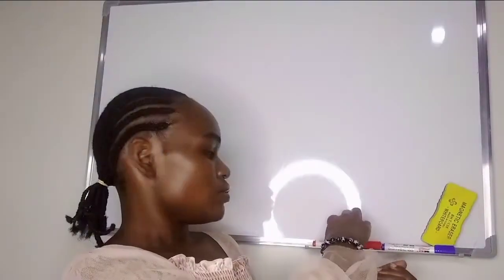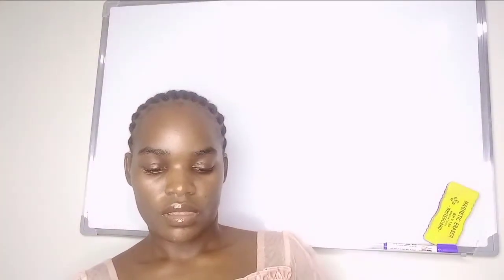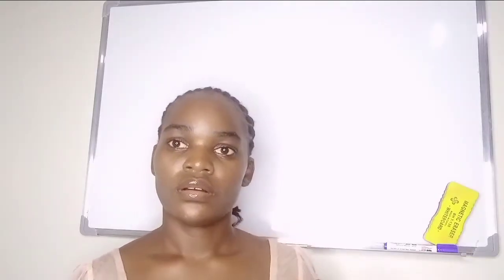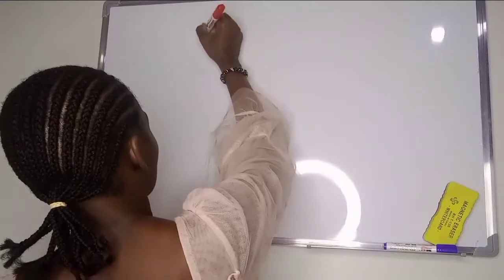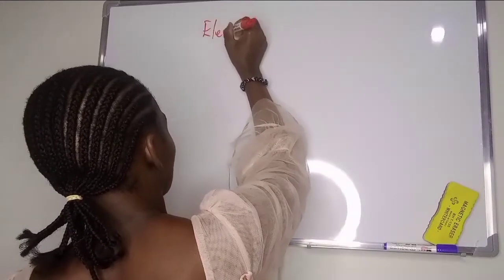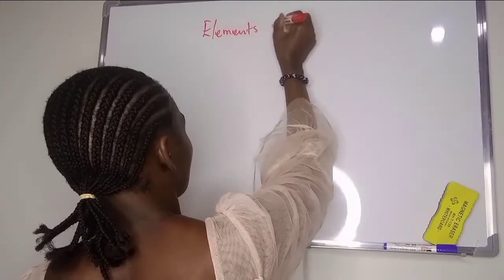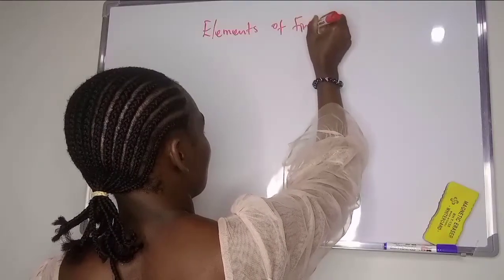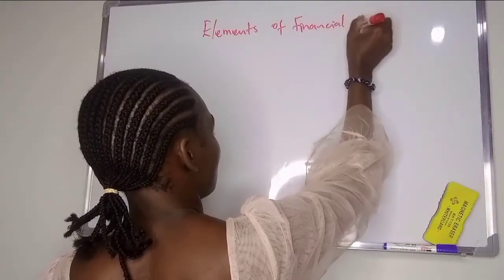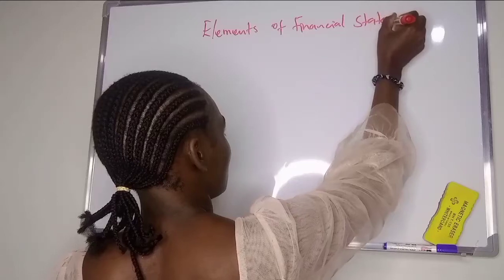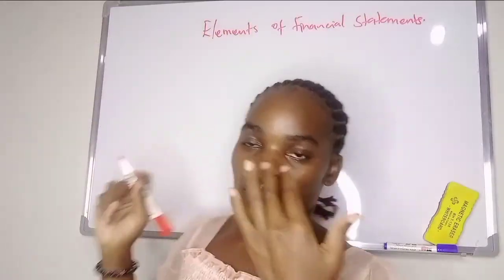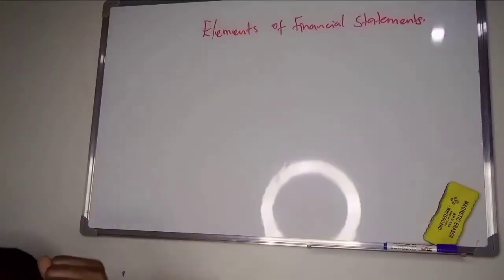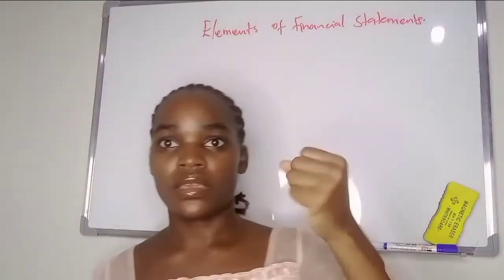So we are going to start with the elements of financial statements. They are five.